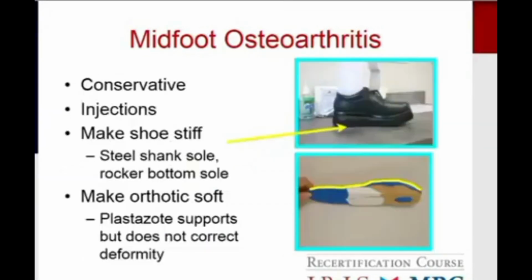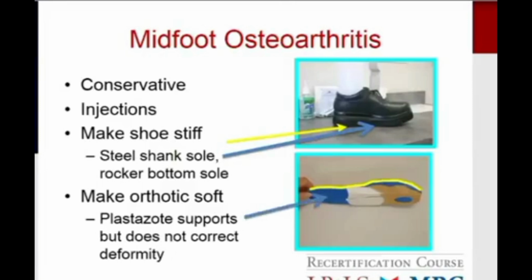If we look at conservative care, again, we're talking about foot arthritis. When we have an arthritic condition, we want to make the sole of the shoe stiff. It has no bending stress about it, unless it takes the tension or compressive stress off of those arthritic joints. However, in midfoot arthritis, we now can add an orthotic, which is not as effective in forefoot arthritis.